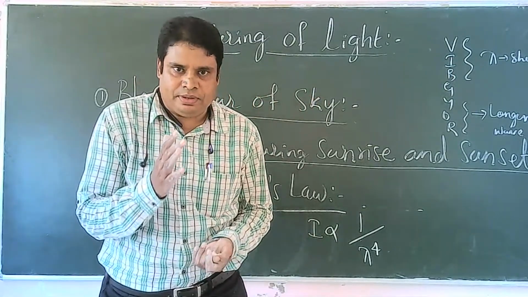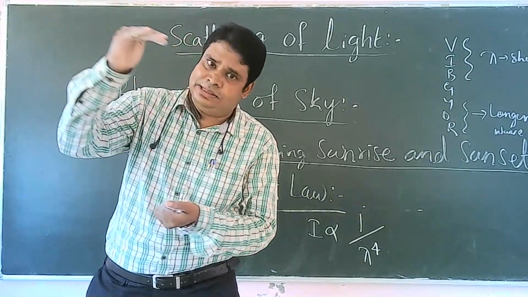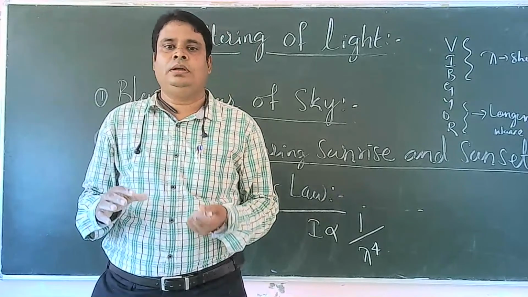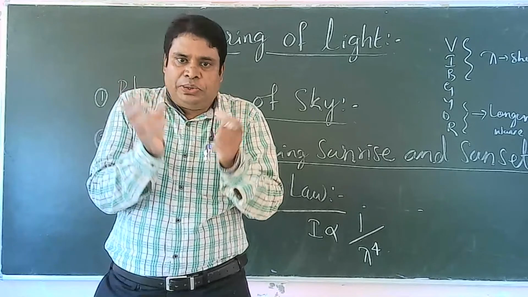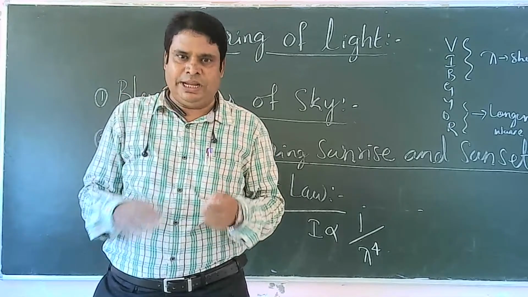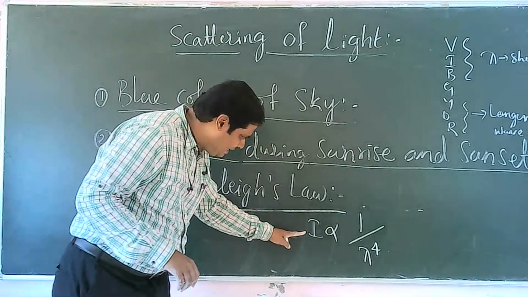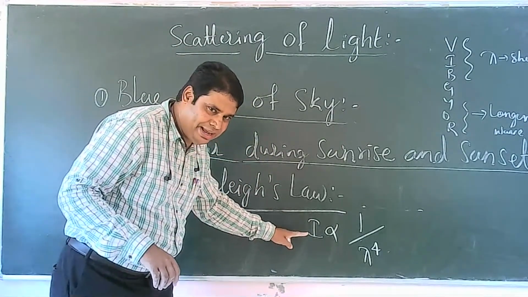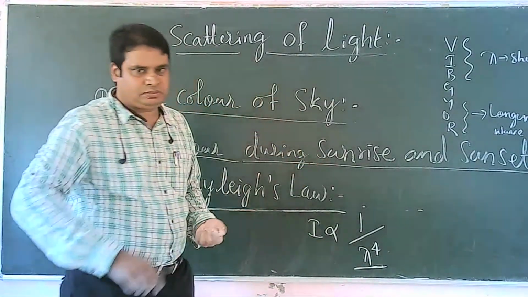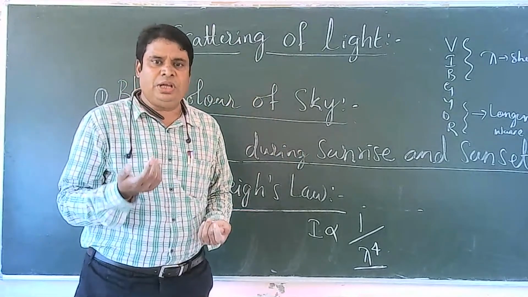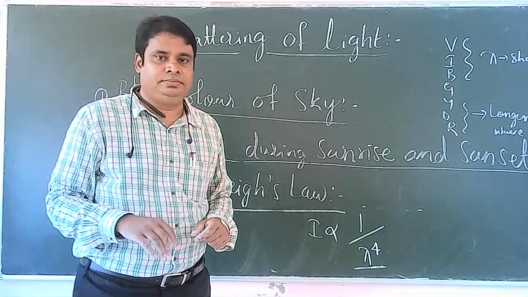What actually happens? When sunlight enters the Earth's atmosphere, it gets scattered by molecules present in the air. Due to Rayleigh's scattering, light with shorter wavelengths is scattered more.